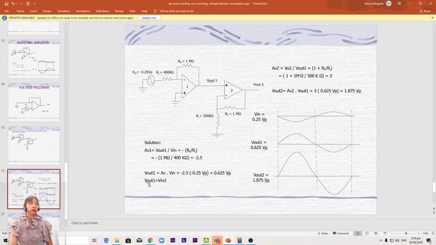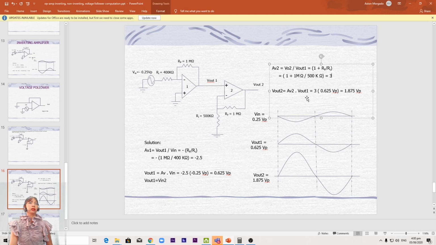But then take note that Vout1 is equal to Vin2 because the output of op-amp number 1, meaning pin 6 of op-amp number 1, is being connected to pin 3 or the positive input of op-amp number 2. So therefore the input of op-amp number 2 is equal to 0.625 VP.